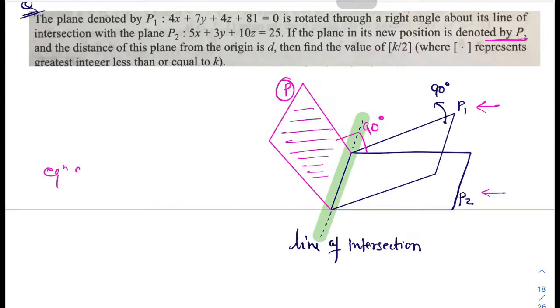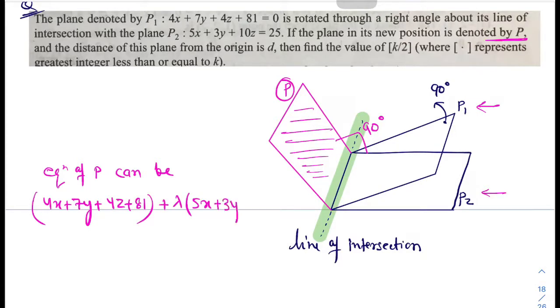So the equation of P can be written as this P1, which was this, plus lambda times P2. P2 was 5x plus 3y plus 10z minus 25 is equal to 0. So this is P. Now how to calculate this lambda?